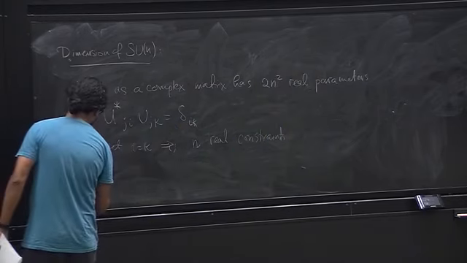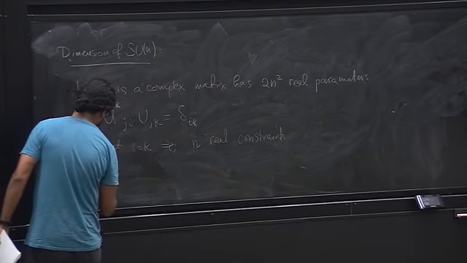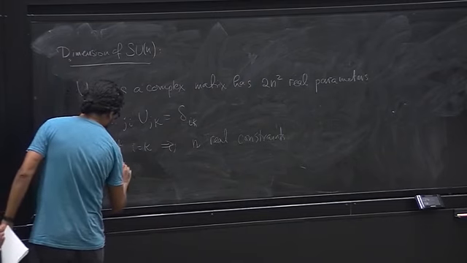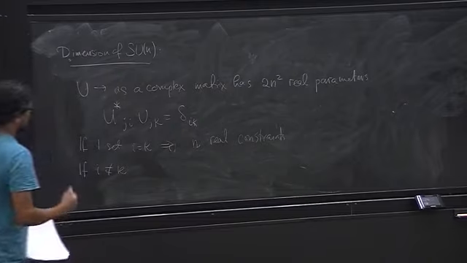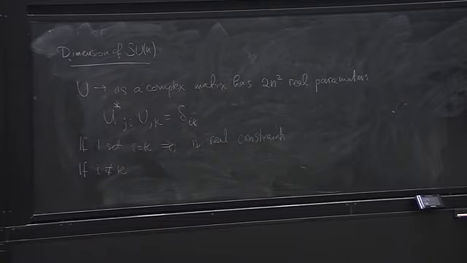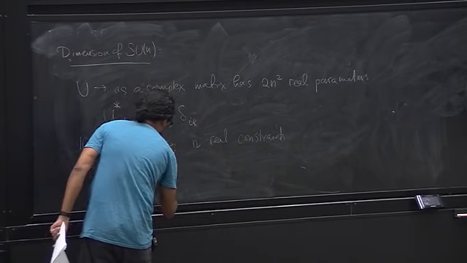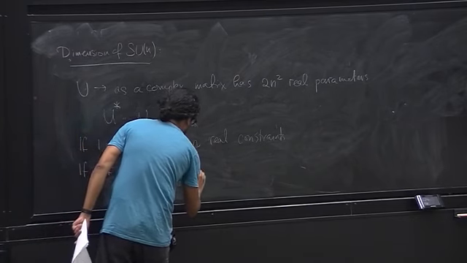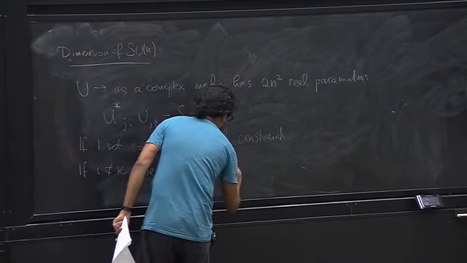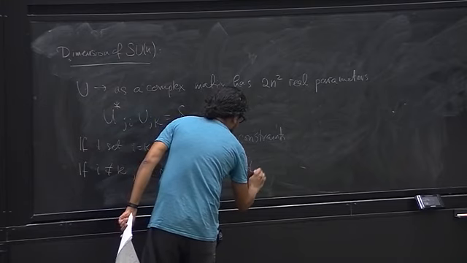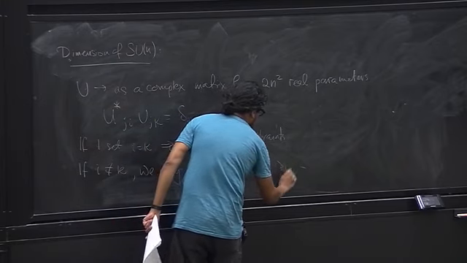If i is not equal to k, then the upper triangular part is related to the lower triangular part of this condition by complex conjugation. So we only need to consider, say, i greater than j.